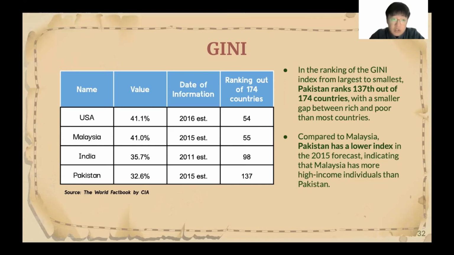As we consult the chart, the USA value is 41.1% at the 2016 estimate, and the nearby country, India, has a value of 35.7%, ranked 98th. Compared to Malaysia, Pakistan has a lower index in the 2015 forecast, indicating that Malaysia has more high-income individuals than Pakistan.